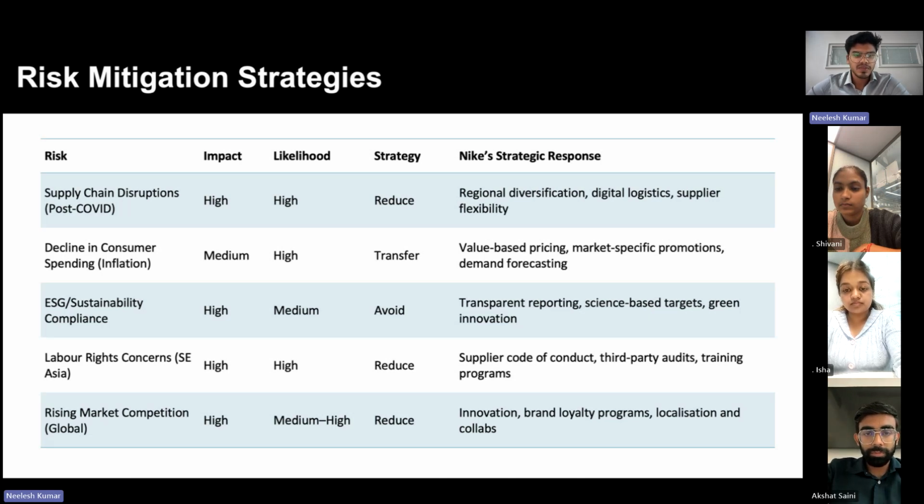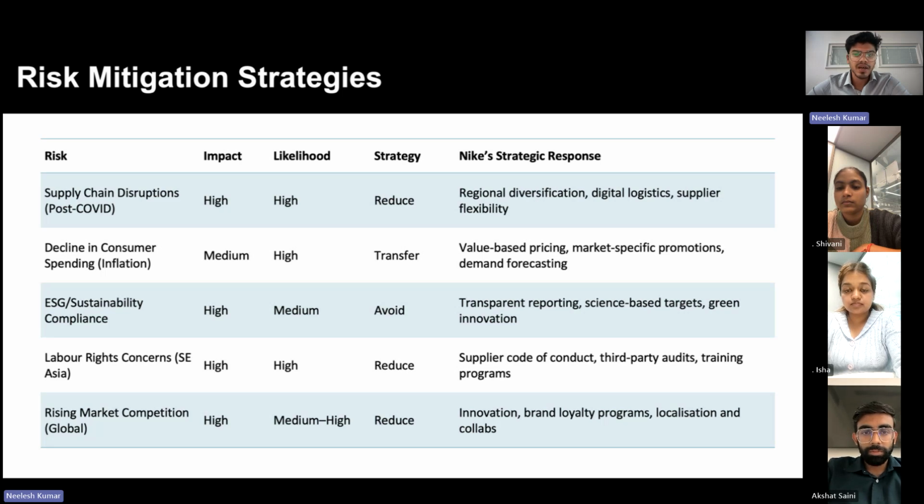Labor risk concerns, especially in South Asia, are a high likelihood, high impact issue. Nike continues to reduce this risk through strict supplier codes, third party audits, and training programs to improve factory compliance. Lastly, in response to rising global competition, Nike again focuses on reduction.